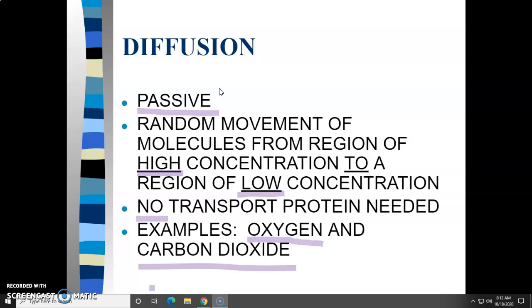That's, of course, passive. So in the column there, you put passive for active or passive. And then transport protein required? No. These things can actually slip in between those hydrophilic heads and tails, and they don't need a door or window protein, a transport protein. And no protein is required. And examples of that are oxygen and carbon dioxide.